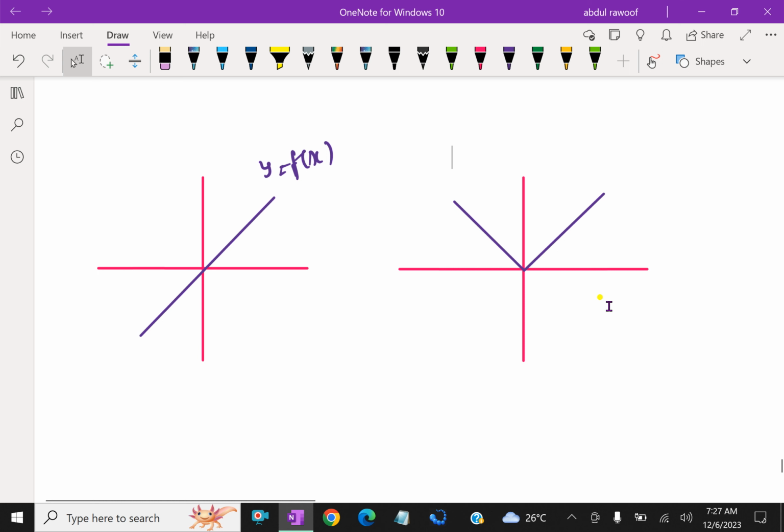But for this function, for any value of x, y always gets positive values. The negative area is cut. This is what we call modulus of y equal to f of x.